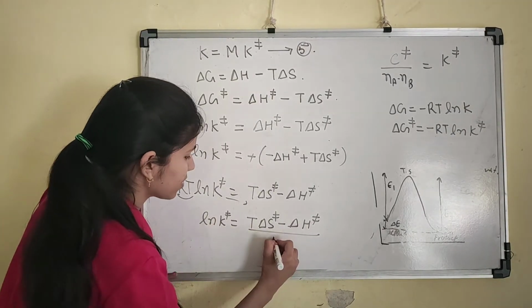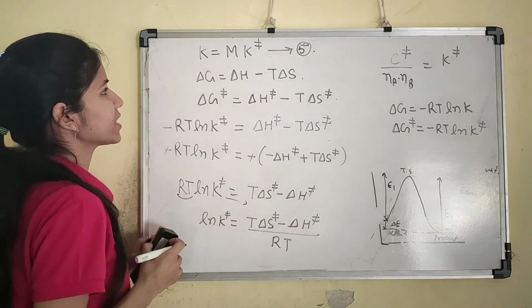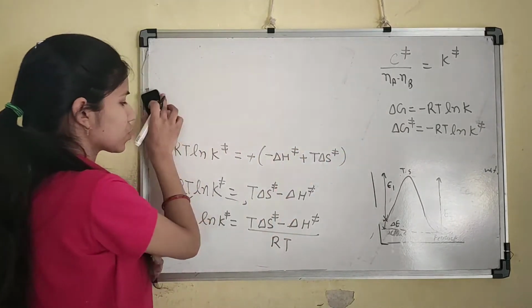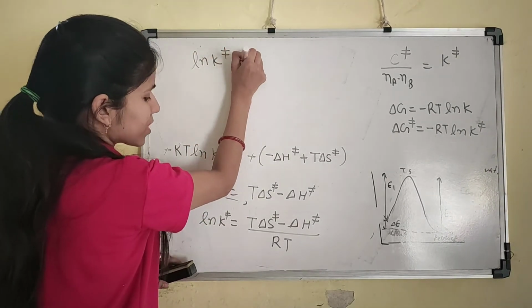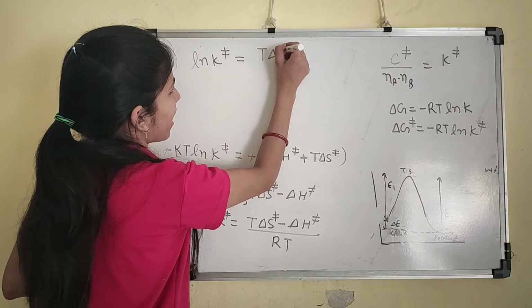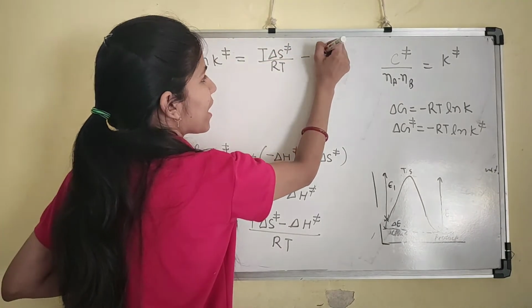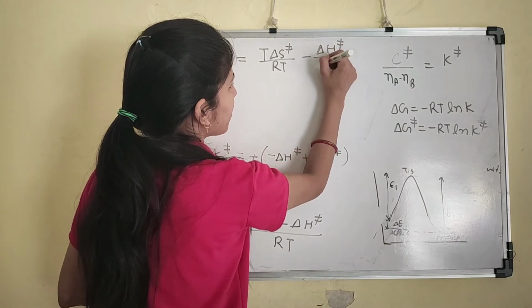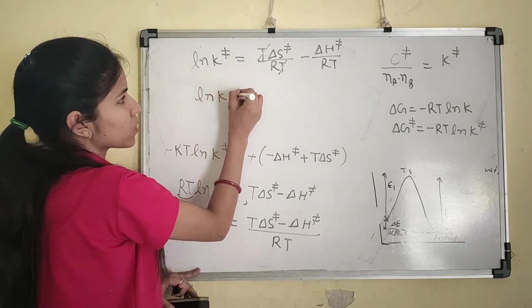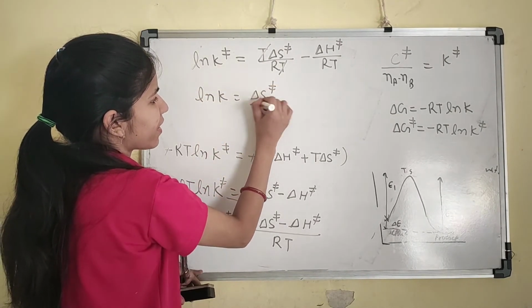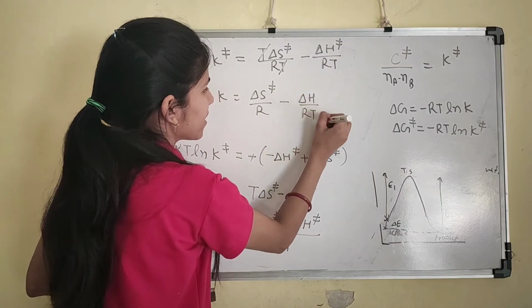Dividing by RT and rearranging this equation, ln K star is equal to T delta S star divided by RT minus delta H star divided by RT. So T will cancel out, and ln K star is equal to delta S star divided by R minus delta H star divided by RT.